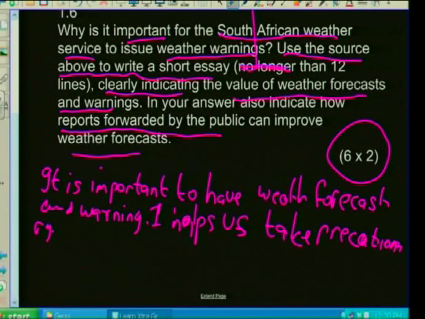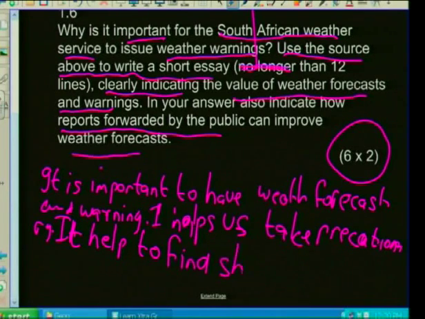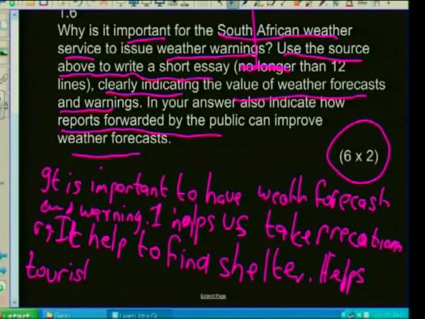It helps people to find shelter. Full stop, if you want to write it short. It helps tourists in terms of their plans for the day or change of plans for the day.